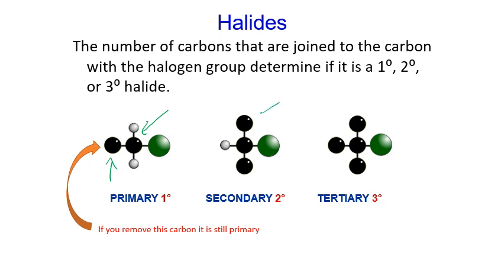If there are 2, then it's known as a secondary, and if it's got 3, 1, 2, 3, it's known as a tertiary haloalkane. And also note that if you replace the carbon with a hydrogen, it's still a primary.